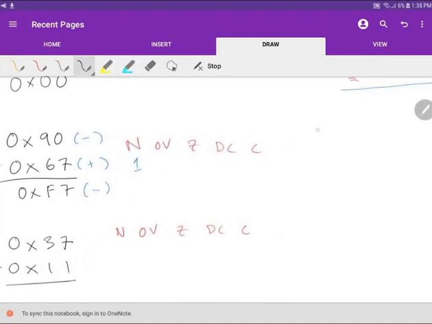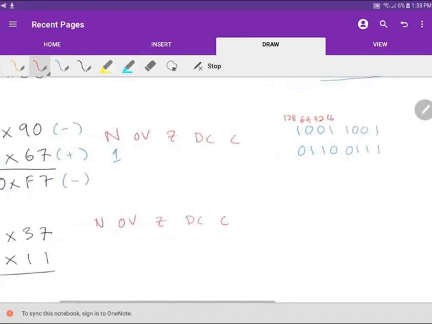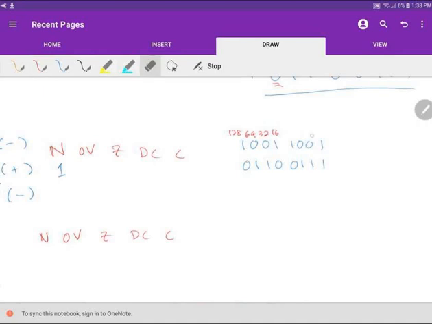So in this case it is 1001, 1001, 6 is 0110, 7 is 0111. Okay, if you write the weightage on top, of course I think in this example, yeah, I am following the earlier one.